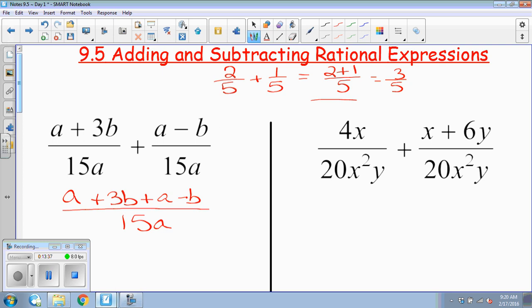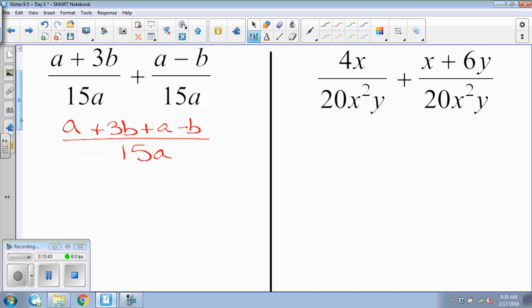And so now, all you have left to do is simplify the top, which means combine your like terms. Sometimes you may end up having to distribute it before you can combine your like terms. So, we have a plus a, which is 2a. We have 3b minus b, which is 2b. And all of that is over 15a.